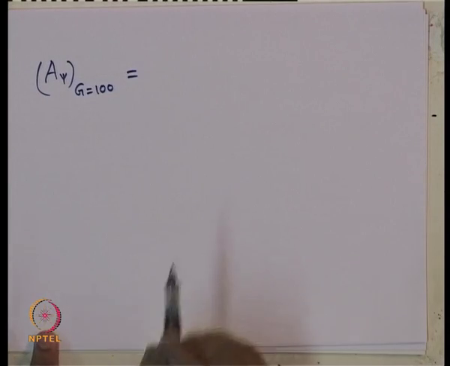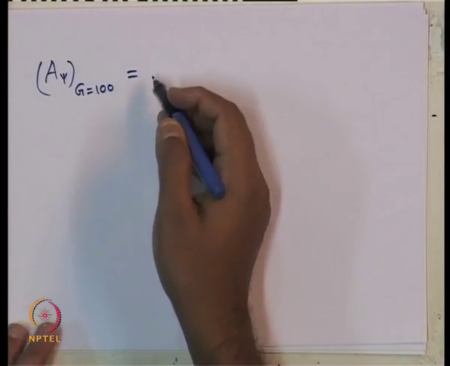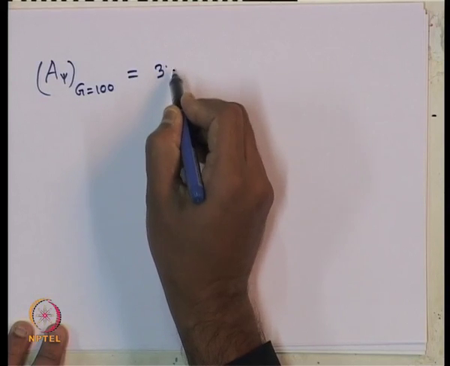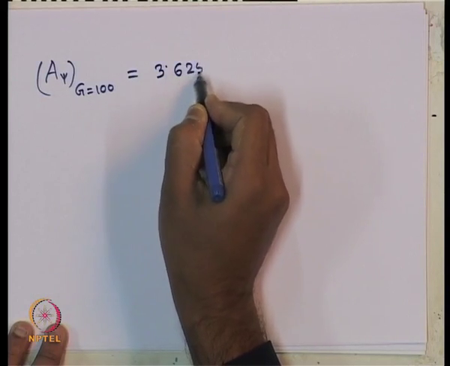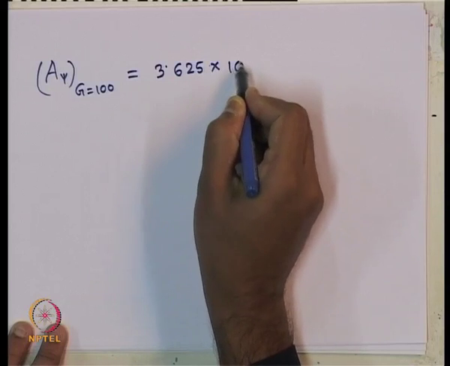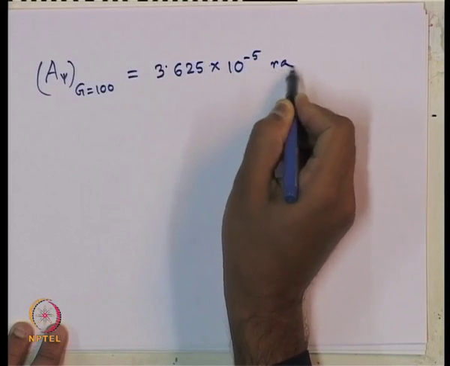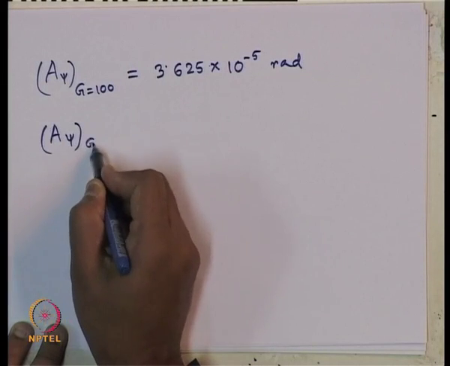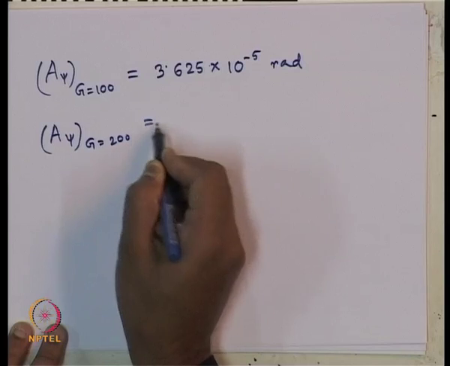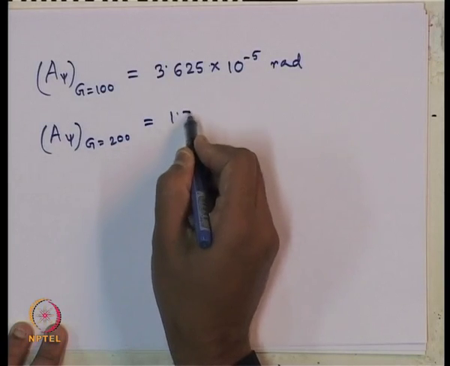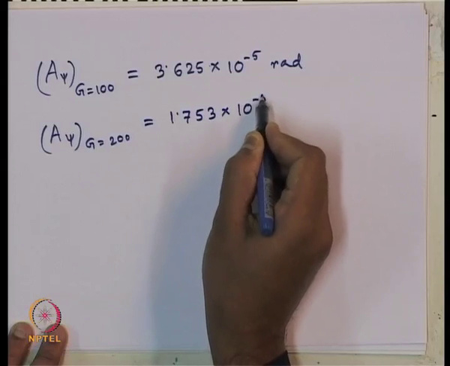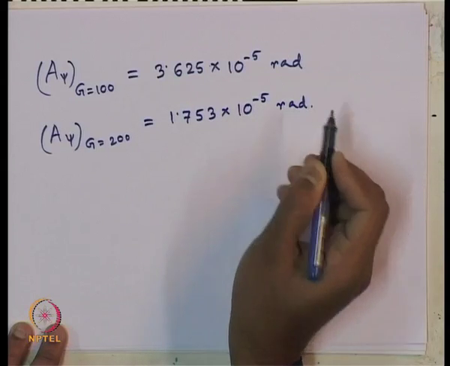So, by putting the corresponding values, we should get the same displacement as we obtained for the constant force type case. And A psi for g equals to 200 is coming 1.753 into 10 to the power minus 5 radian.